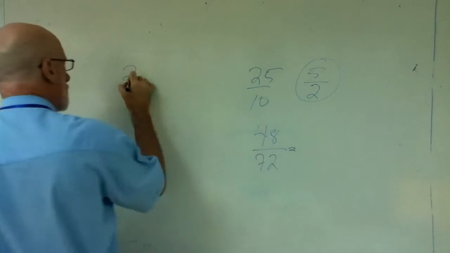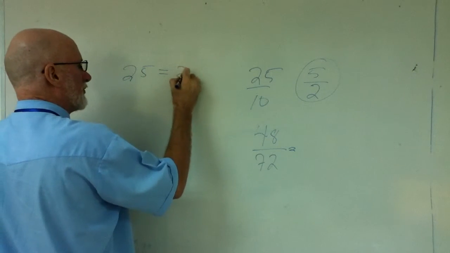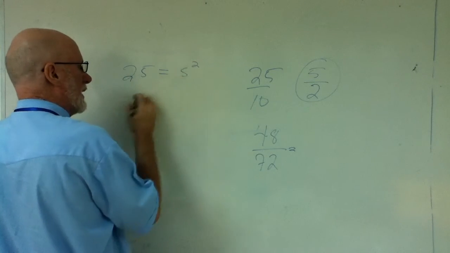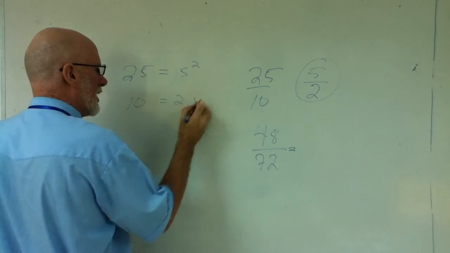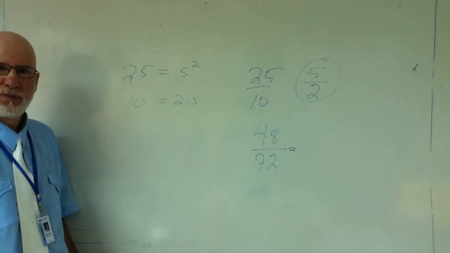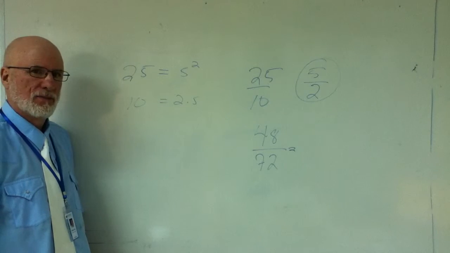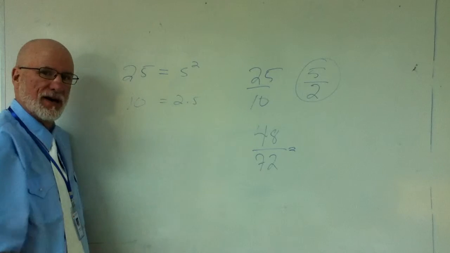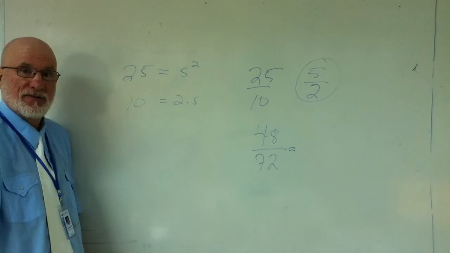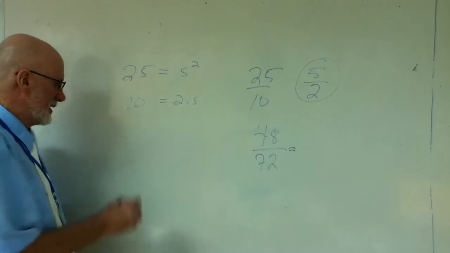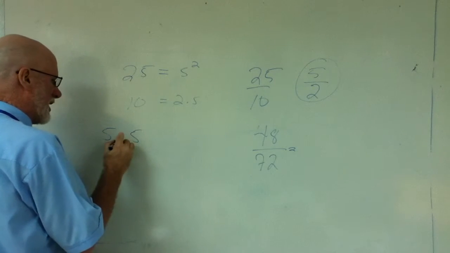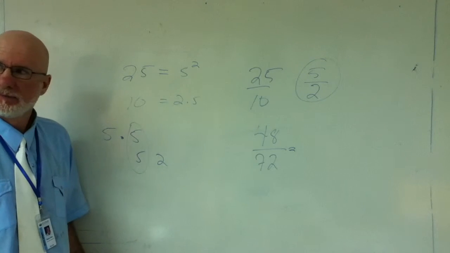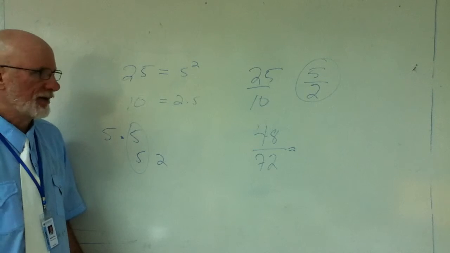So if I said to you, 25 is equal to 5 squared, and 10 is equal to 2 times 5, what's the greatest common factor between 10 and 25? 5. 5 is the greatest common factor, isn't it? 5 times 5, 5 times 2. Isn't that it? All right, good.